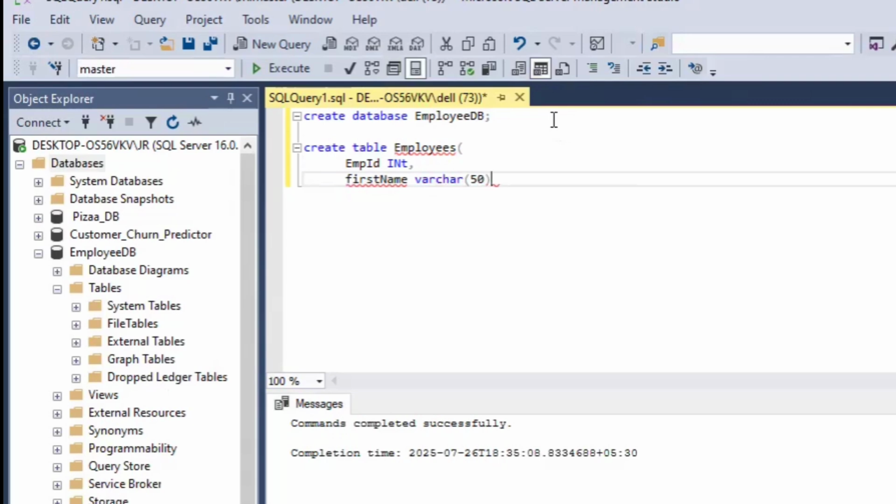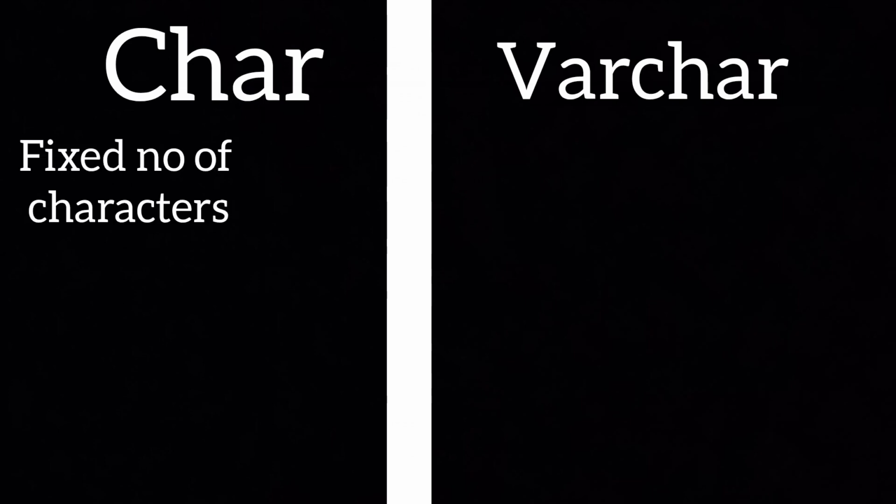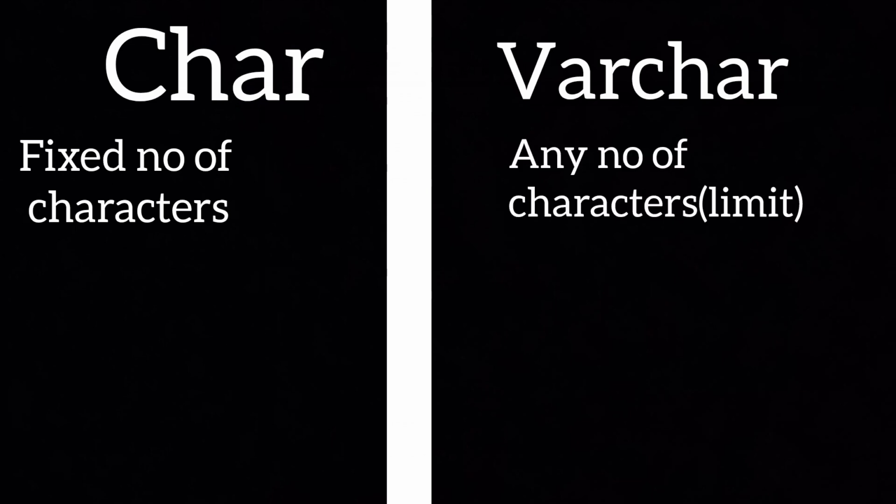Now let me tell you what is varchar and what is char. If you take char and varchar, you're able to see on the screen, right? Char is something where we can enter a fixed number of characters, but in varchar we can enter any number of characters we want, so the length can vary.